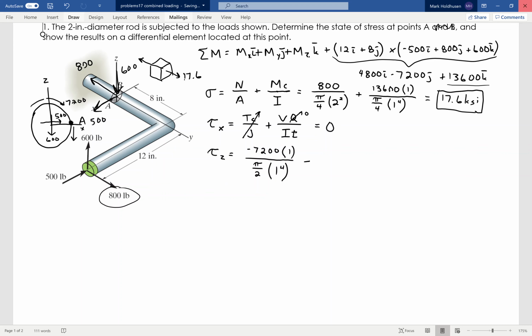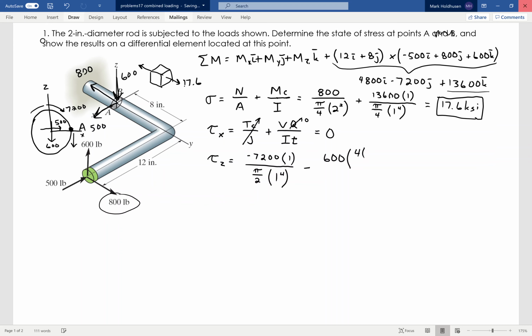That force is 600 pounds, V. Q is going to be the location of the centroid, which for a semicircle is 4r over 3 pi, times the area, which is pi over 2 times the radius squared.